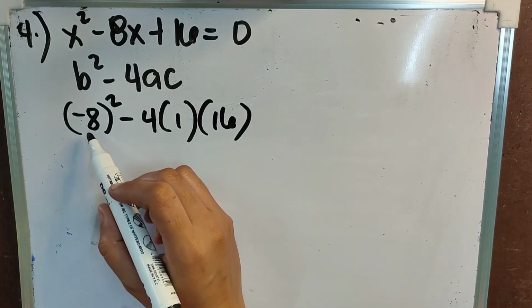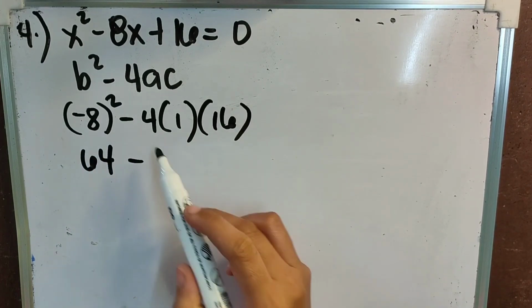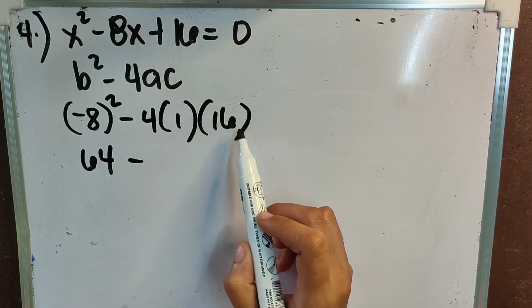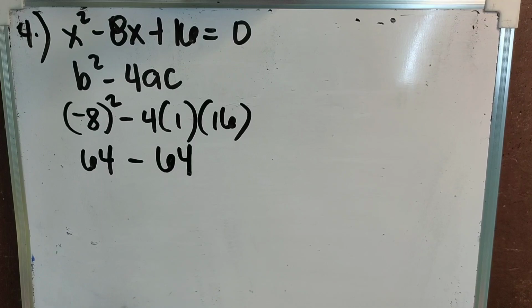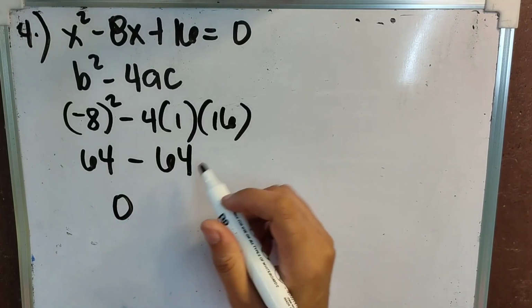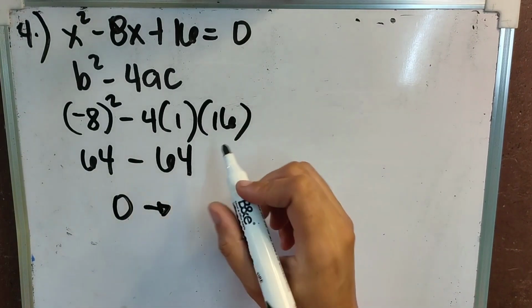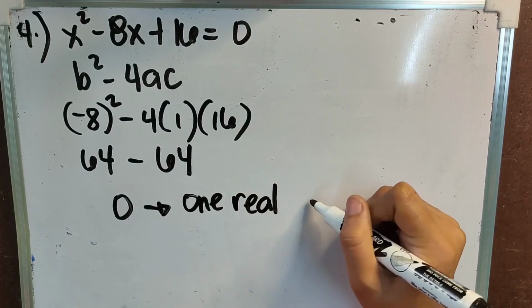So negative 8 squared, the answer is positive 64. 4 times 1 is 4, multiplied by 16, the answer is 64. Now, 64 minus 64, the answer is 0. Meaning, the nature of solutions is what we call one real solution.